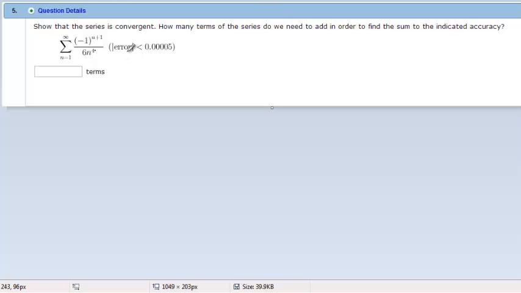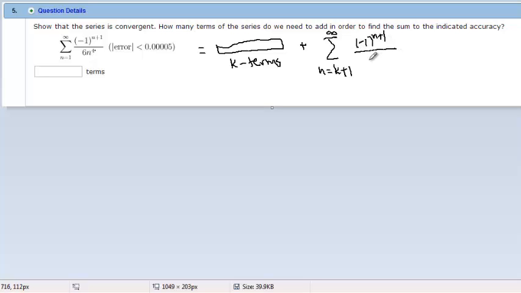Okay, so let's say I go ahead and separate the first k terms. So I will go ahead and write out the first k terms, and what will be the remainder? The remainder will be summation starting from k plus 1 up to infinity, negative 1 to the power n plus 1 divided by 6 times n to the power 4.